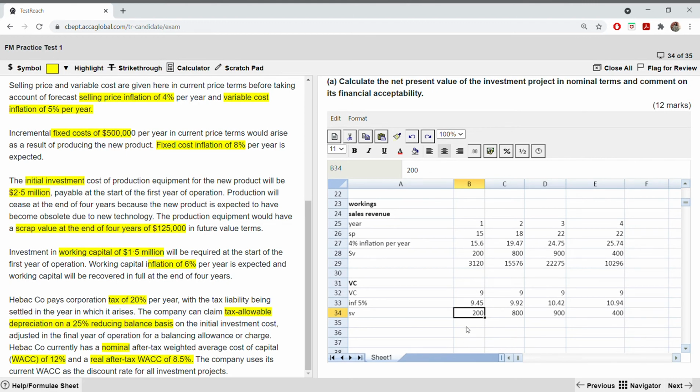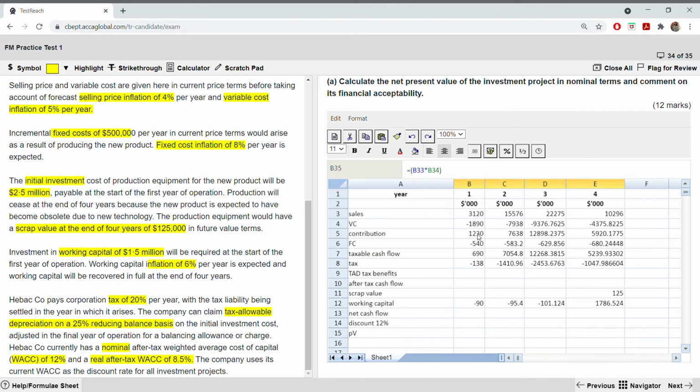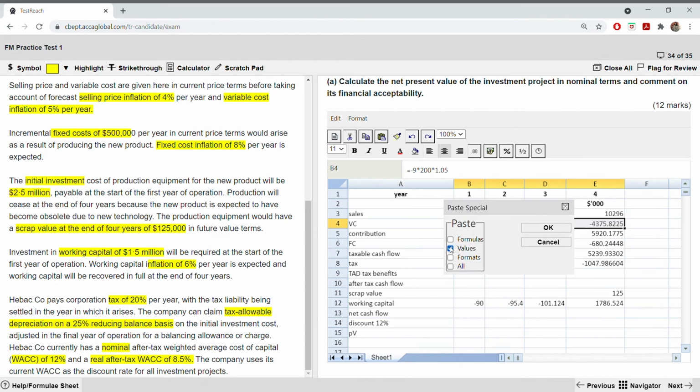So now it will be same, this multiply by this multiply by this. I'm just going to drag it to the other cells and I'm going to copy this, and when I'm going to paste this to the variable cost, paste special, just the values.